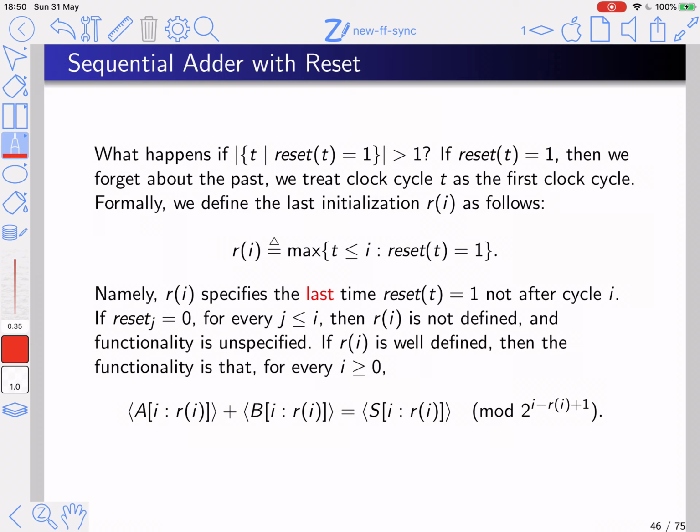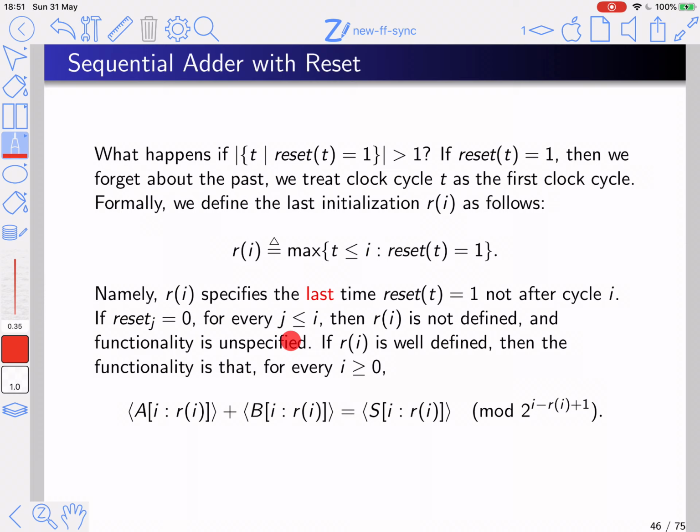So R_I is the maximum t, which is at most I, such that reset of t equals 1. Now, if the reset is 0 for every j less than or equal to I, then R_I is not well defined, because this is an empty set, and the maximum of an empty set, well, what do we do with that?